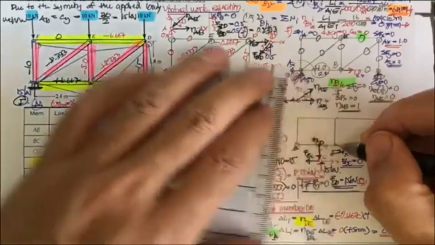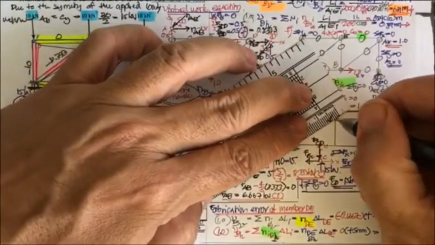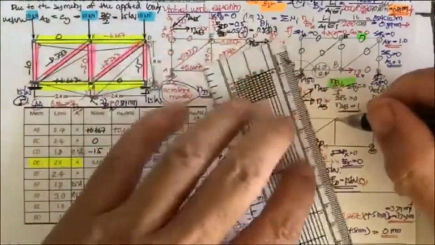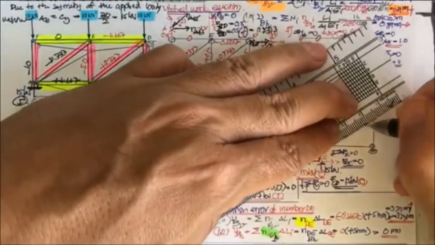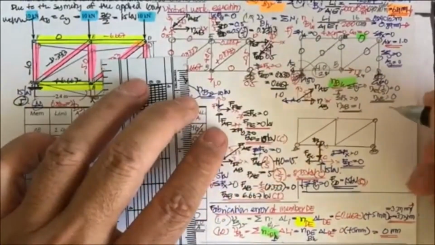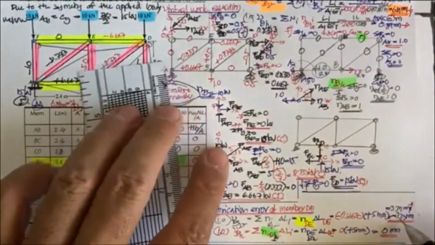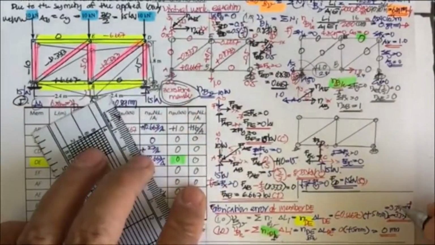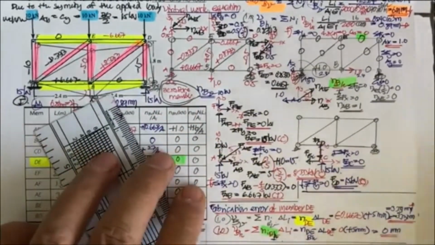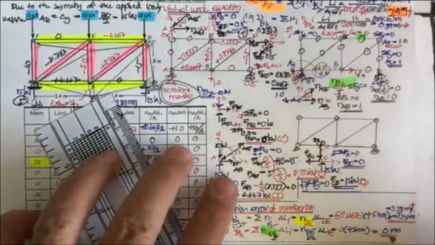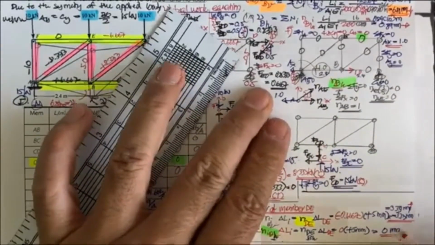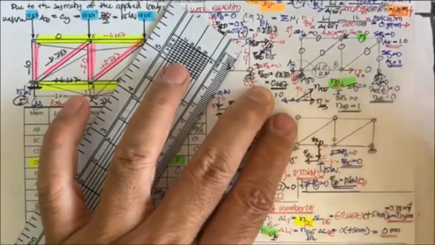Actually, you can put it about here, but it's okay. So this time it is up, for 3.33 millimeter. So that means there is no movement in the horizontal, only up.